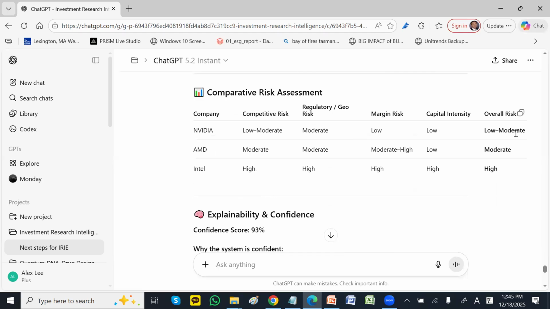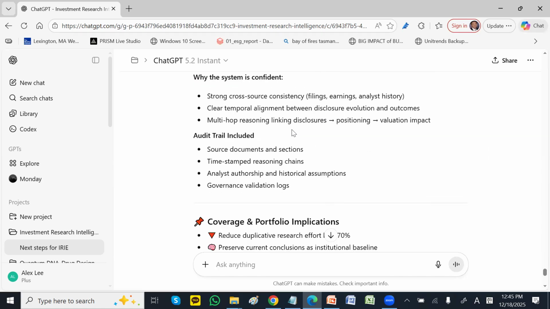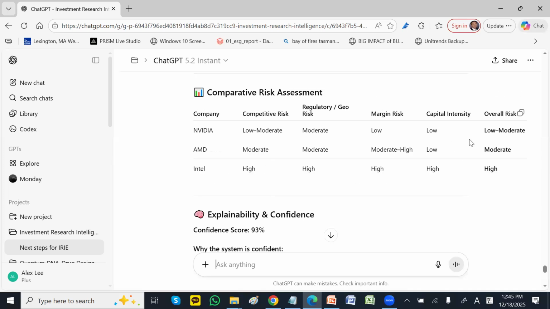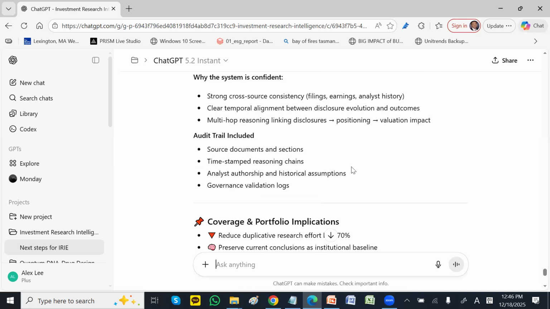So you get a snapshot of this investment research, and then explainability and confidence. It explains why the system arrived at this and how confident it is about that.